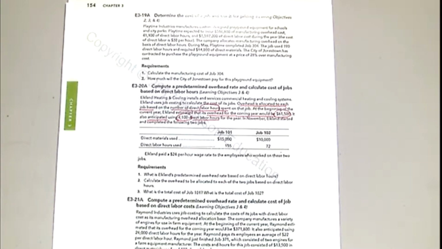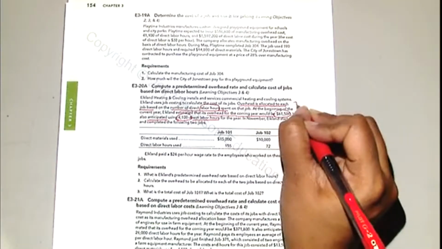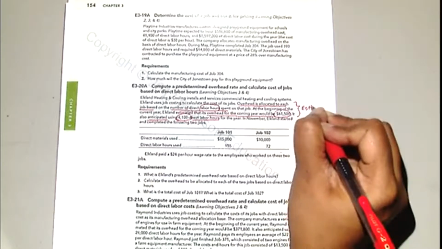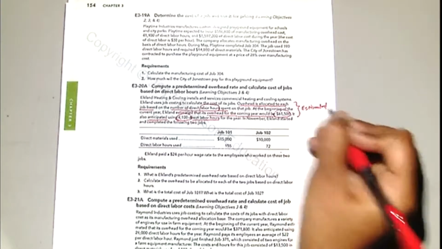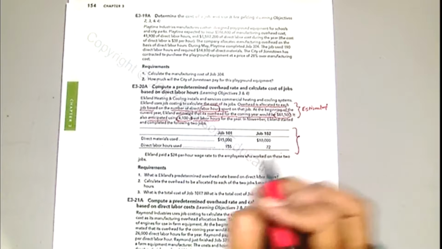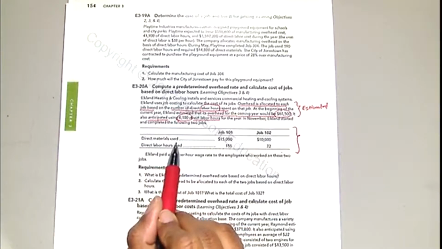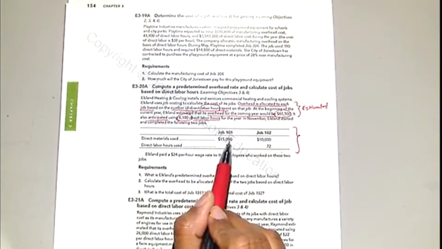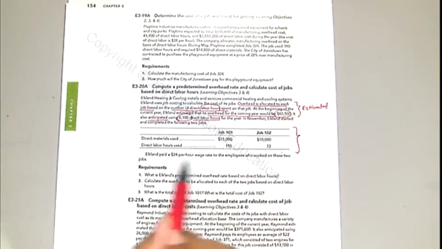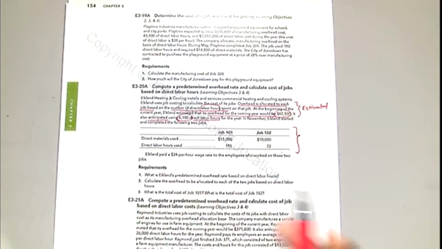So we'll try to use all this information. The first paragraph is actually your estimation. All these are estimated. And this little table is actual. You see, it says that in November they completed the job, and this is your actual. They actually used $15,000 for direct material for job 1, and 10,000 direct labor used.